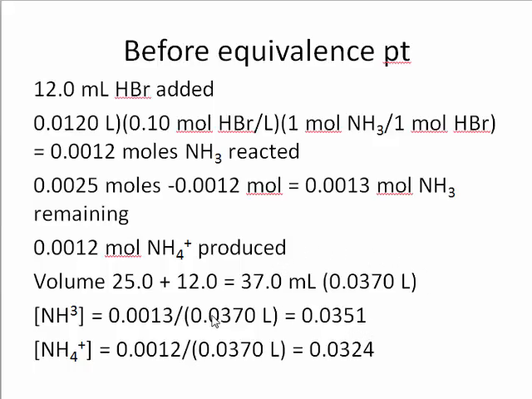It's straightforward to calculate concentrations of ammonia and ammonium at that point. And you can identify this as an acid and its conjugate base, the two components of a buffer. Calculating the pH any time after the titration has started and before the equivalence point produces a buffer type situation.